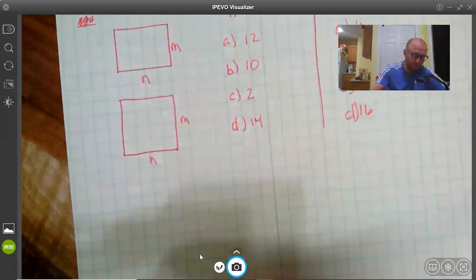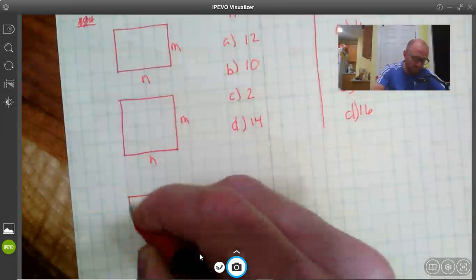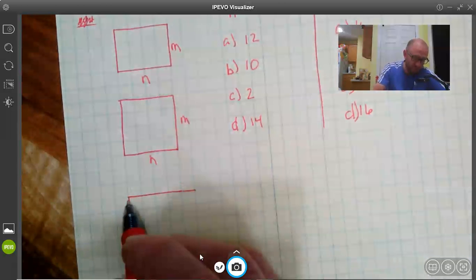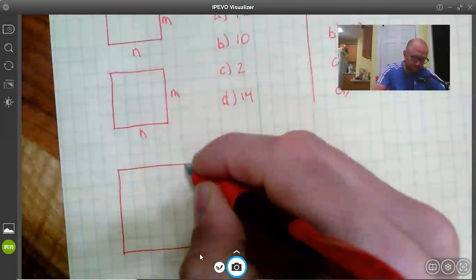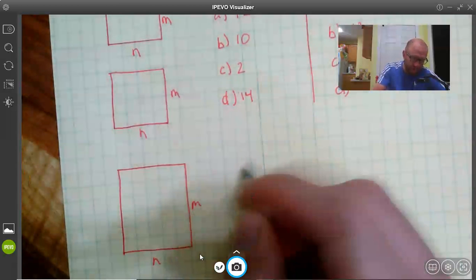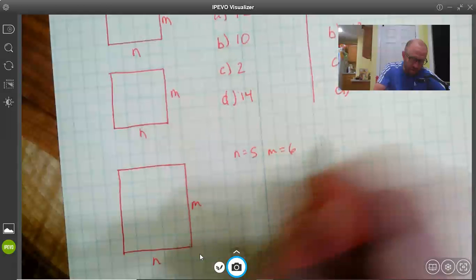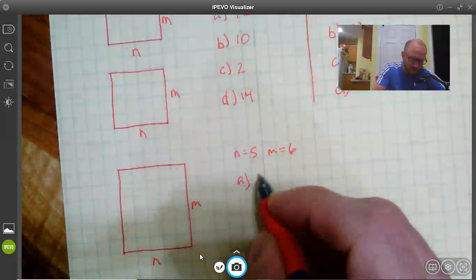Let's look at another one. Let's do 5 by 6. So n equals 5 and m equals 6. The total number of boxes, 5 by 6, that's 30.